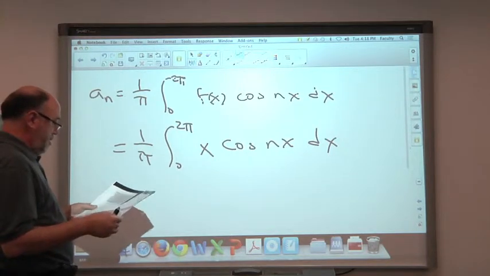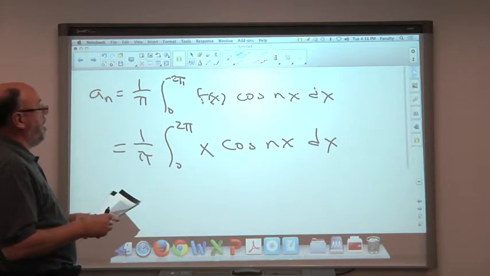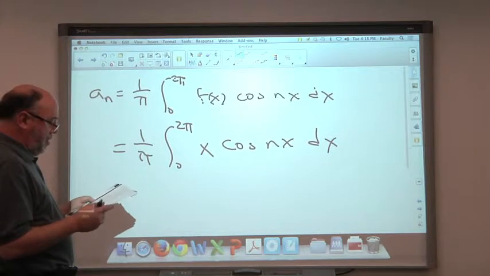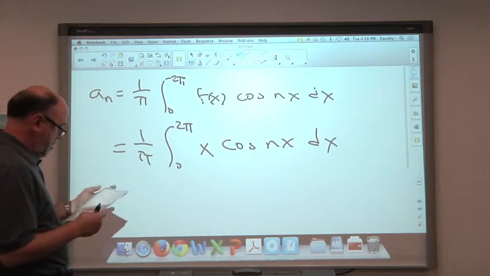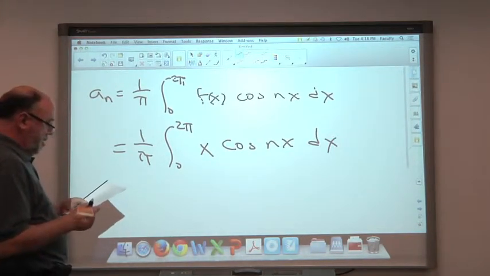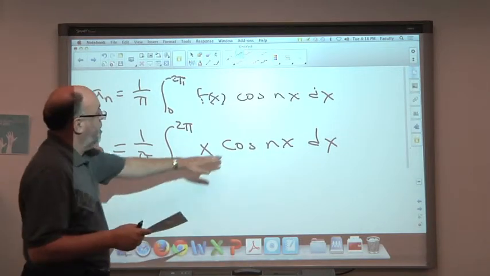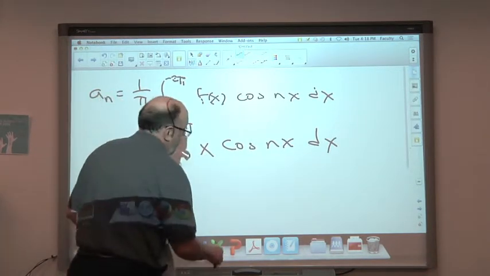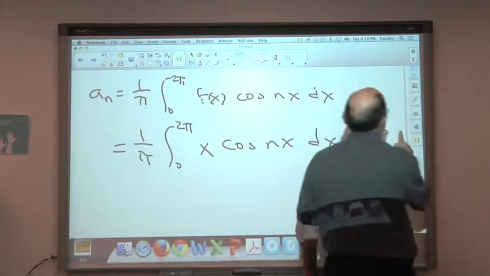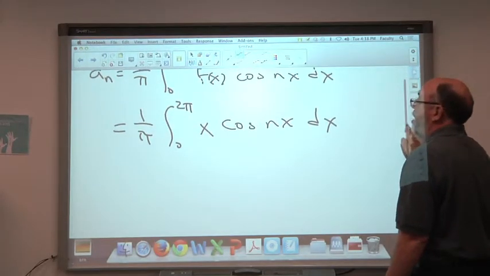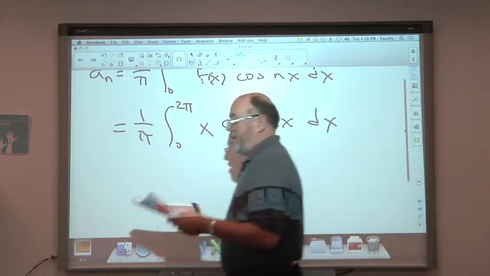Right? So we want to integrate this part, and this form here matches up with a table, which we handed out.